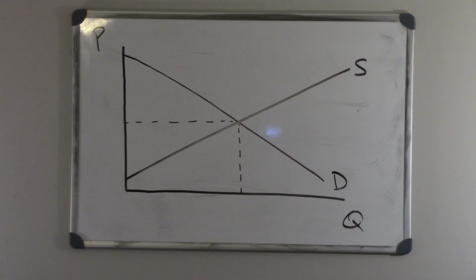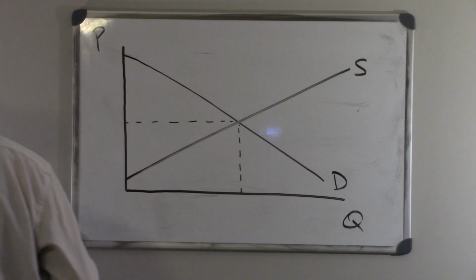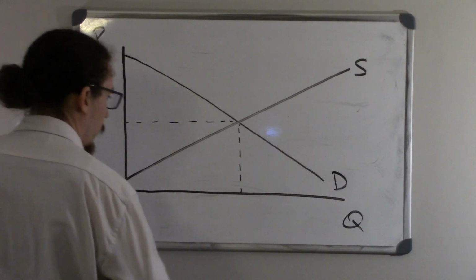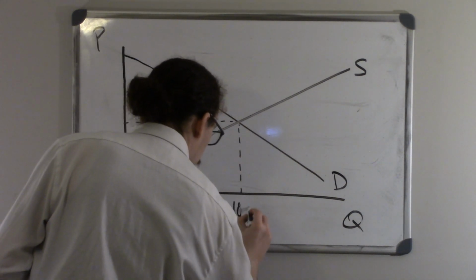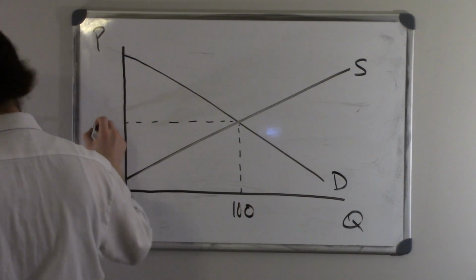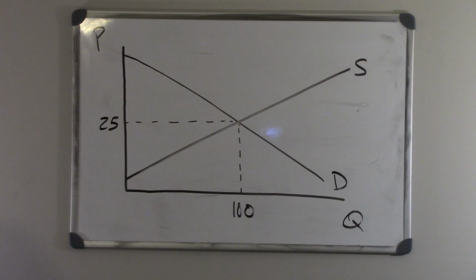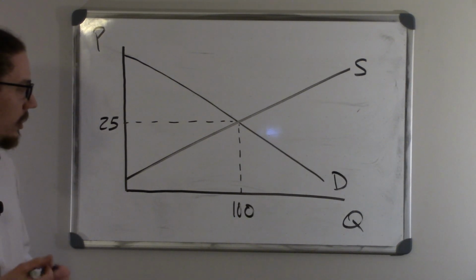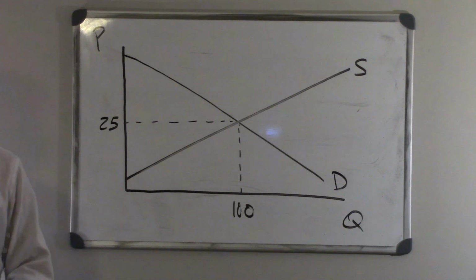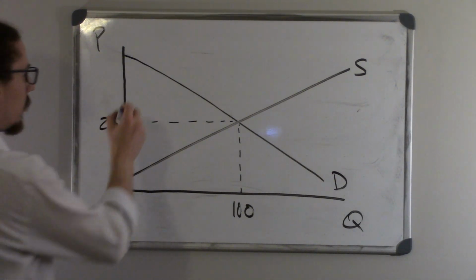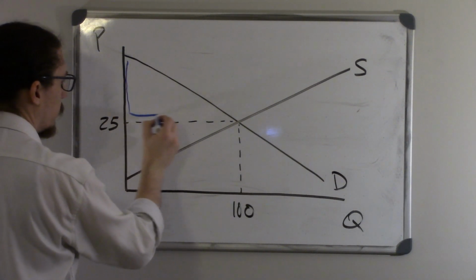All right, so once again, we're going to start with just a standard supply and demand graph. Actually, I'm going to fill in a couple of other things, although they won't really be pertinent for a while. All right, so at equilibrium, we know that the consumer surplus is the area below the demand curve and above the price.